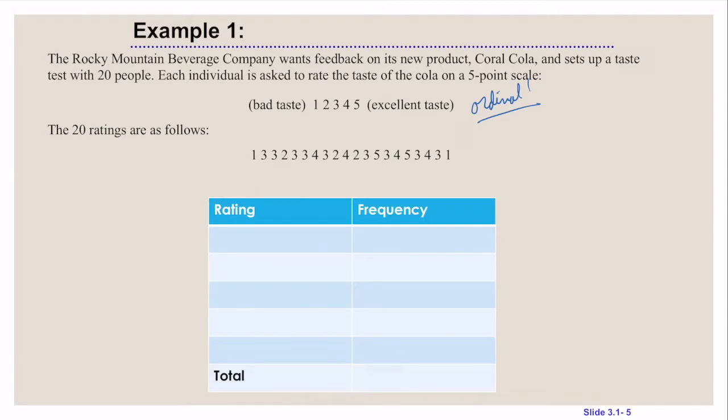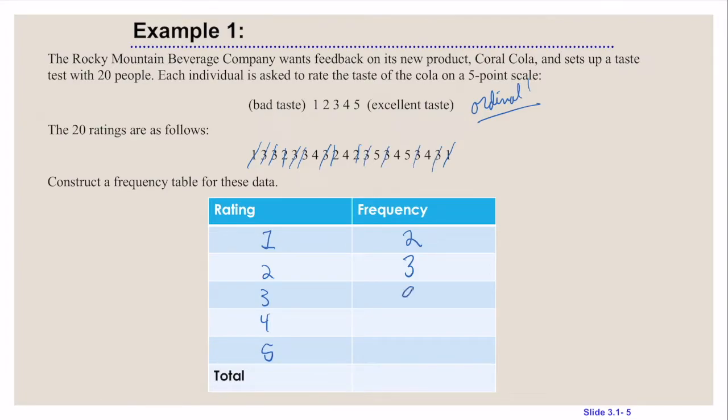So let's construct a frequency table for this data. There were 5 different ratings: 1, 2, 3, 4, 5. A rating of 1 occurred 2 times. I'm just crossing out the ratings as I count them. 2 occurred 3 times. 3 occurred 9 times.